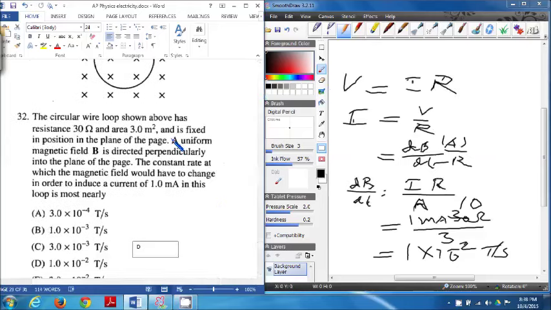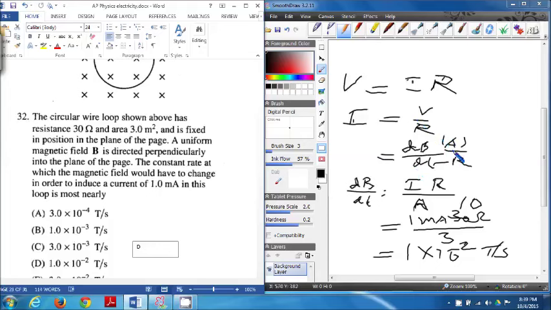So here we are given the resistance of the wire, then we are given the area. If there is a potential which is developed in the wire, then the resistance, potential, and current are related by this equation. So the current is equal to V by R. Now the potential, the induced EMF, is created by changing magnetic flux, which is dB by dt into the area.